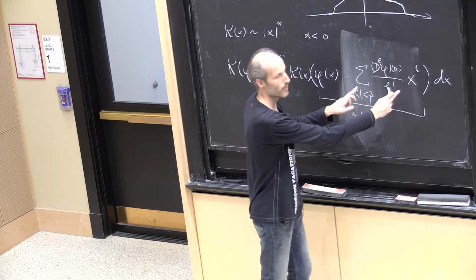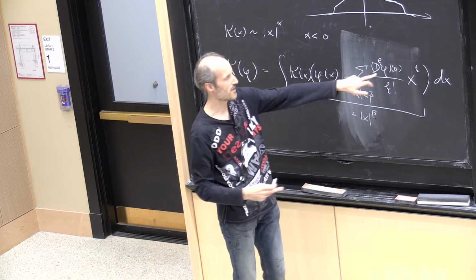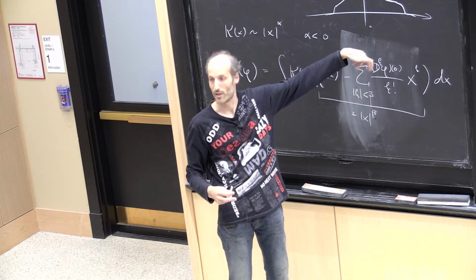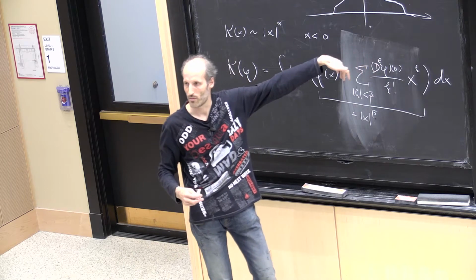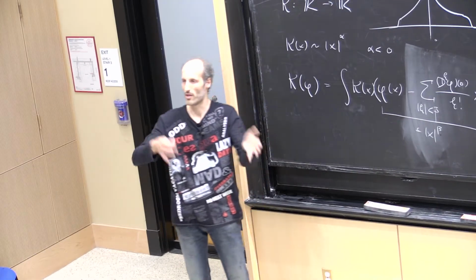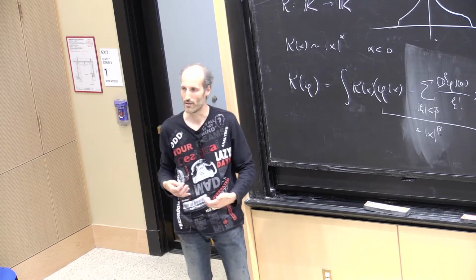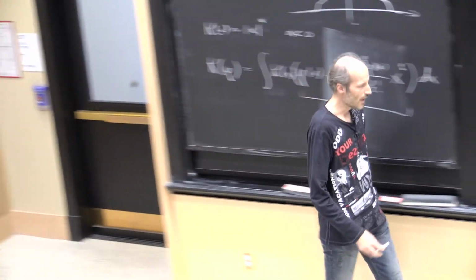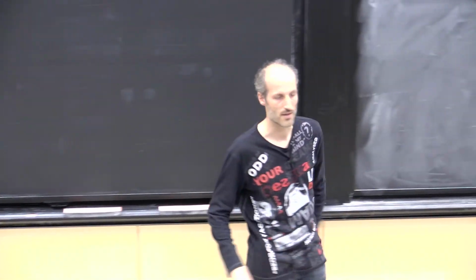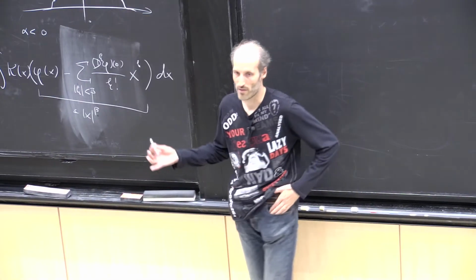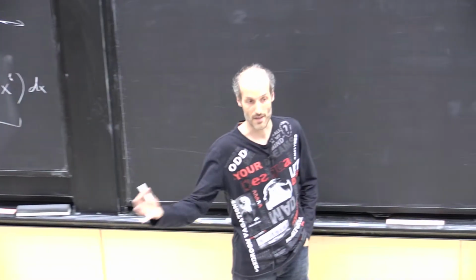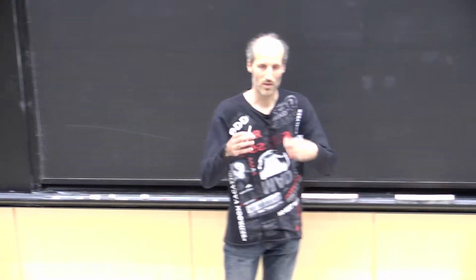then a term like this is the same as testing phi against the kth derivative of a delta function, right? So what you really do is you take your distribution and subtract some linear combination of derivatives of delta functions. In some situations, it's really not clear what the correct way of subtracting these linear combinations is, and that's this problem of overlapping divergences that arises when you compute transition amplitudes in quantum field theory.